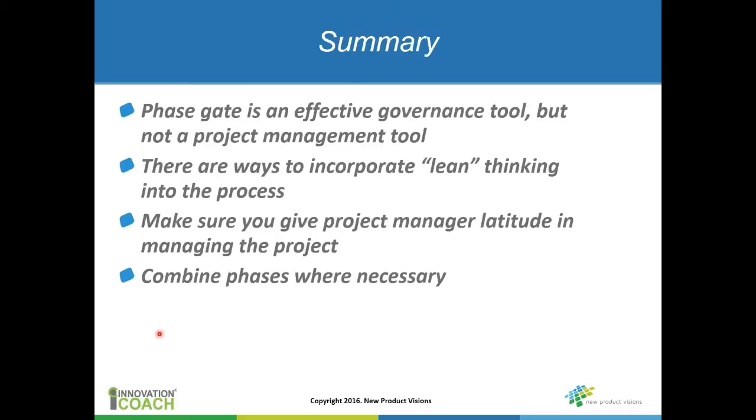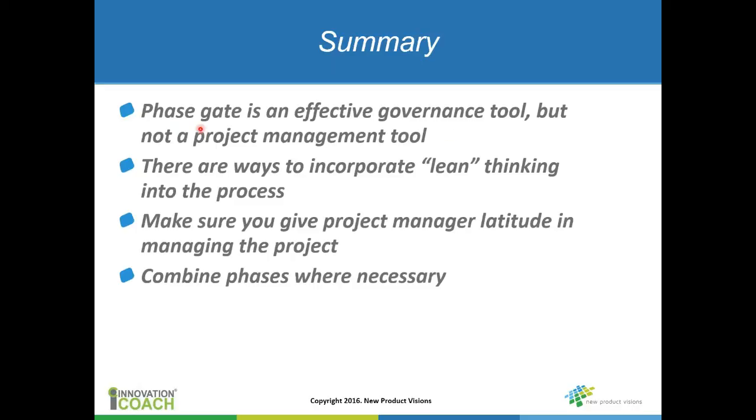So in summary, what I described is a 6-phase process. It's certainly adaptable to your organization, but PhaseGate is a very effective governance tool, but you need to guard against the fact that it's not a project management tool. It's a framework that you're going to run all the projects, and the high-level deliverables are very important, and the structure in terms of developing the project plan and the design reviews and all that kind of stuff is very important.